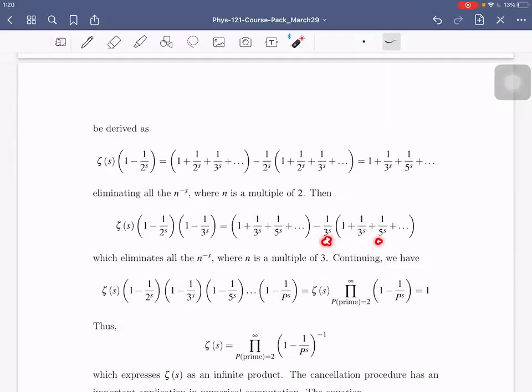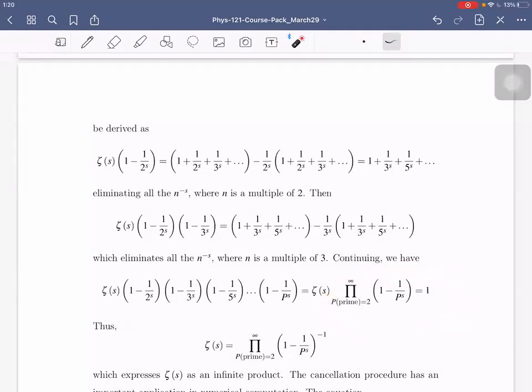So now you are removing the multiples of 3, no? So, by continuing, multiply by 1 minus 1 over 5 raised to s, just continue, you will now have this general form. Meaning, if you multiply everything, our zeta function, by this quantity, only 1 remains because everything else is removed.